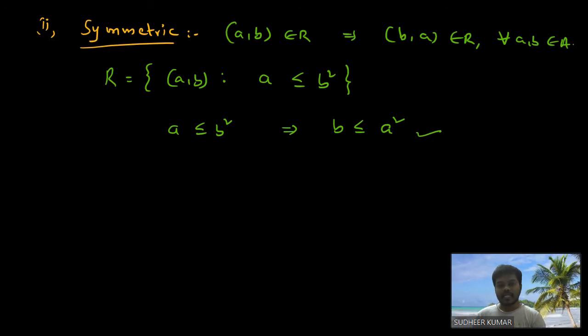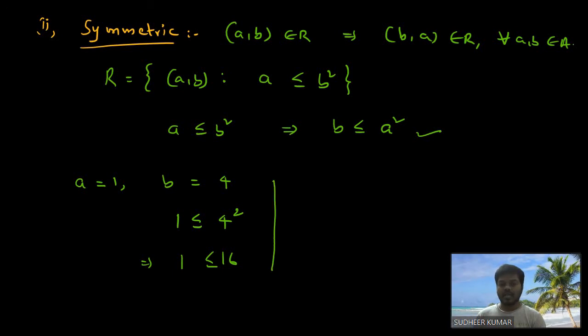So let us take an example. Let us take a is 1 and b is 4. So if a is 1, 1 is less than or equal to 4 square, that is 1 is less than or equal to 16.